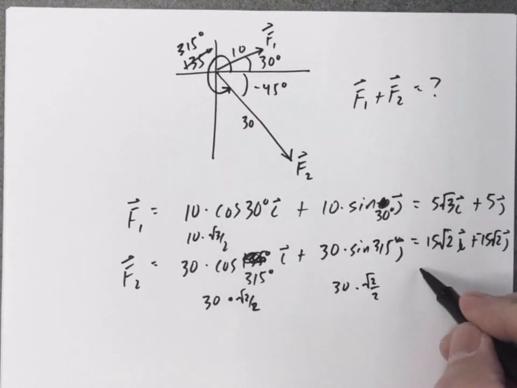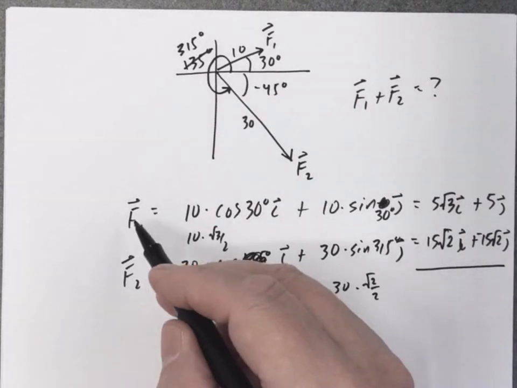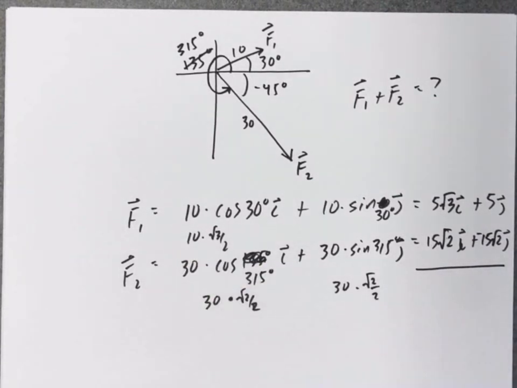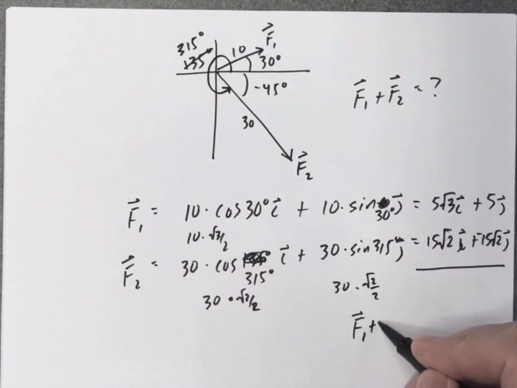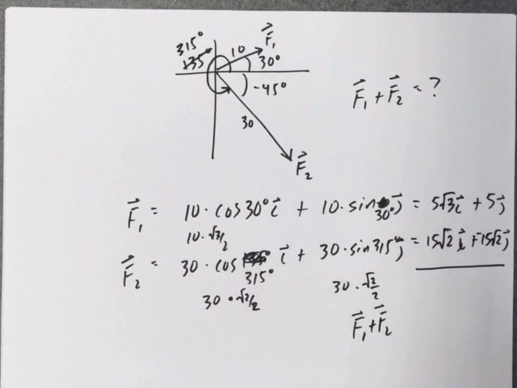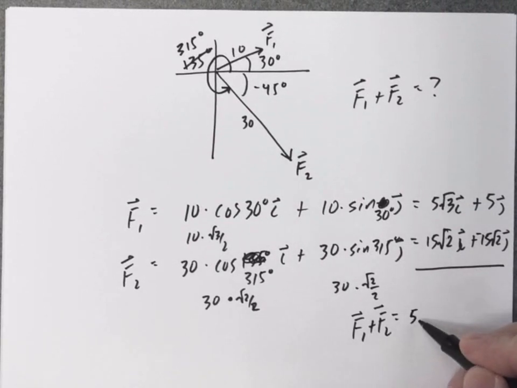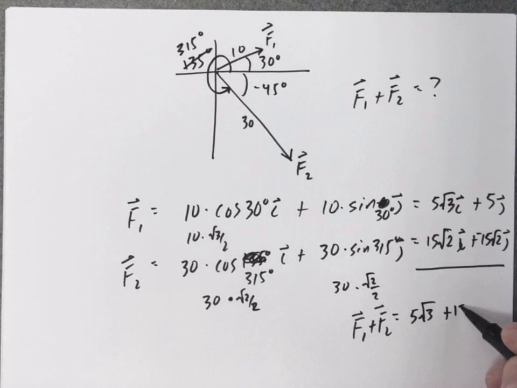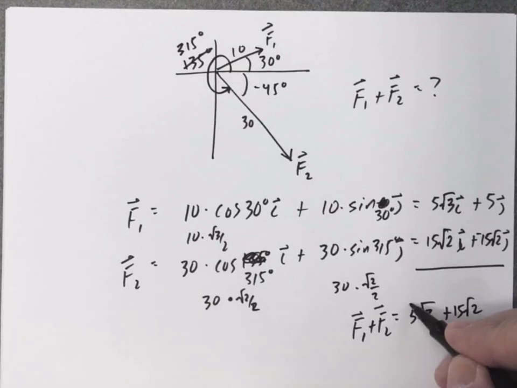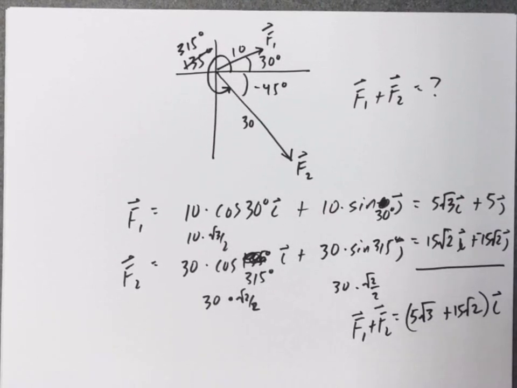So now that I have the F1 and F2 vectors in IJ form, F1 plus F2 is just when I add them together. So the I parts, square root of 3, square root of 2, I can't combine these. These are not like terms. I just have to write them both out. So it'd be 5 square root of 3 plus 15 square root of 2. That whole thing is the I part.